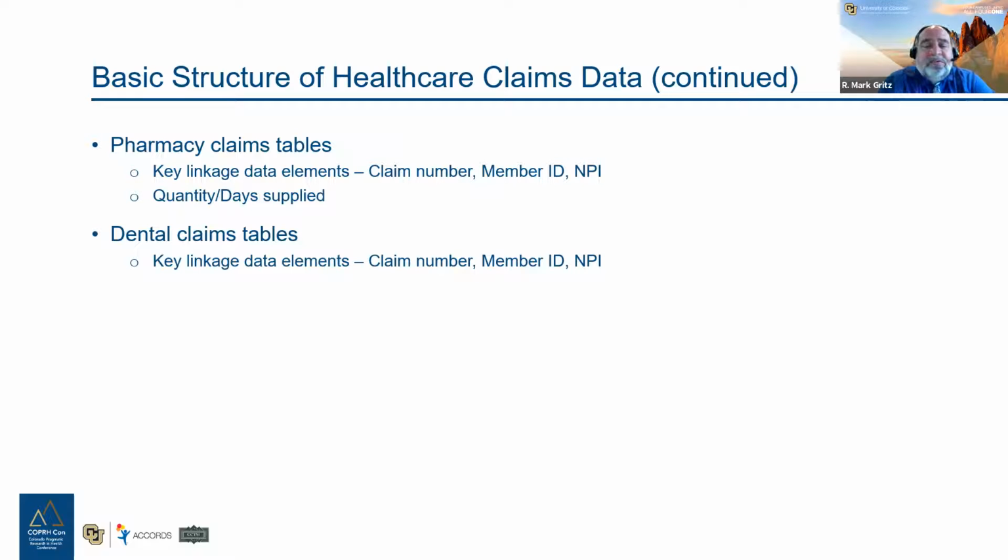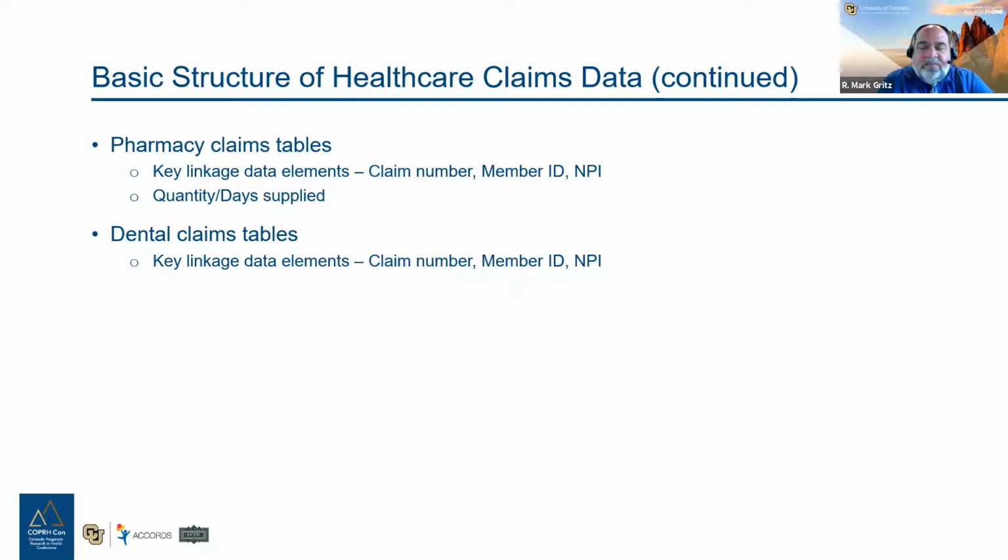Another set of tables in most healthcare claims data are pharmacy claims tables. And again, these can be linked by the claim number, the member ID, and the various NPIs.